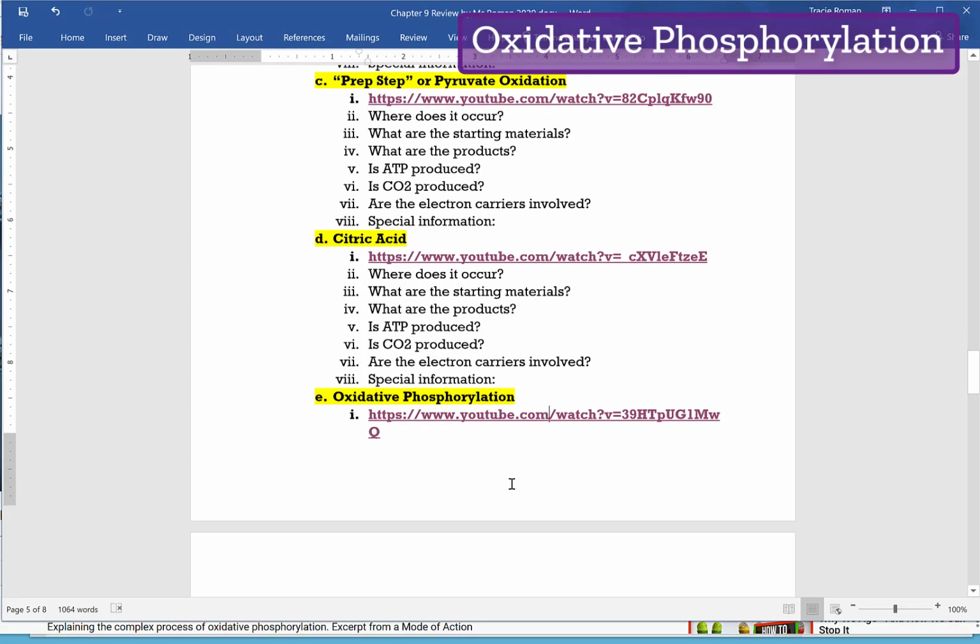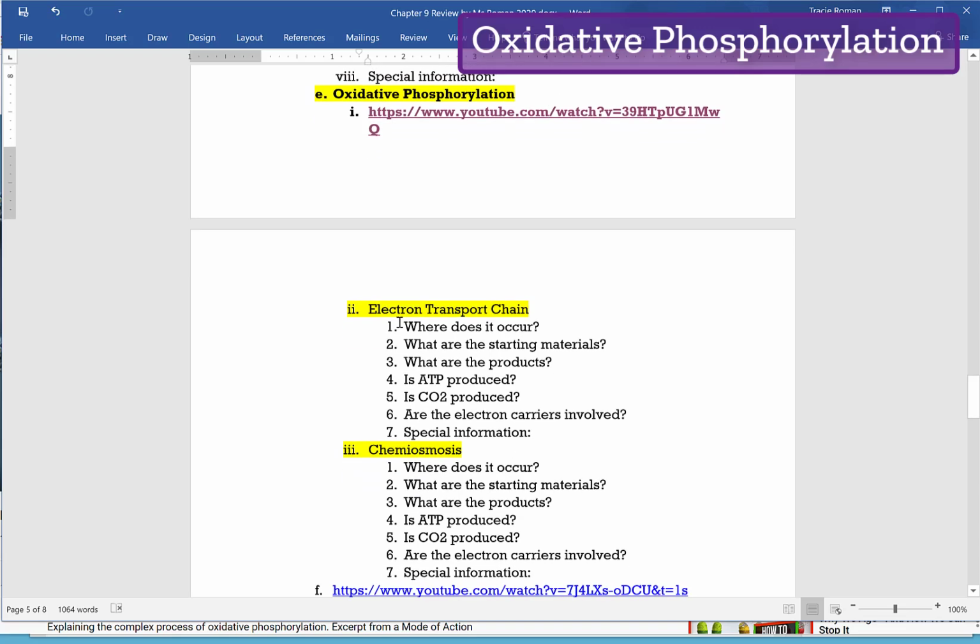Okay, oxidative phosphorylation is composed of these two processes. Electron transport chain, where does it occur? These proteins are embedded in the inner membrane of the mitochondria, also called the cristae of the mitochondria.